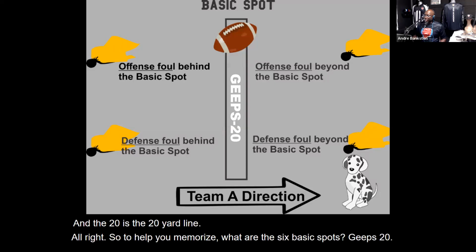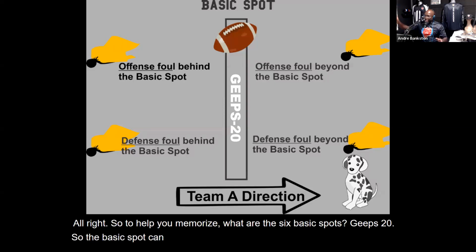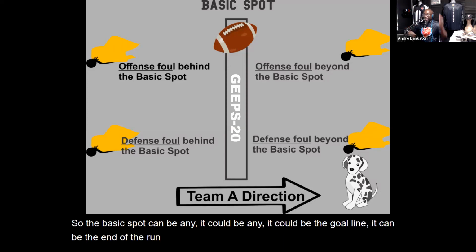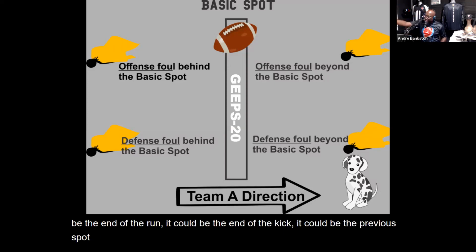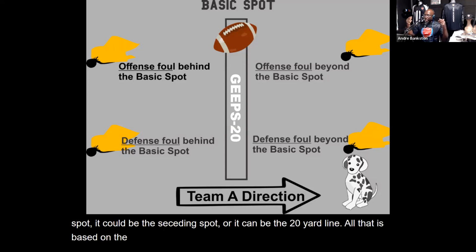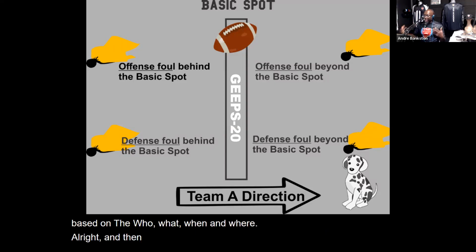All right. So the basic spot could be the goal line, it can be the end of the run, it could be the end of the kick, it could be the previous spot, it could be the succeeding spot, or it can be the 20-yard line. All that is based on the who, what, when, and where. And then based on that information, we determine the basic spot.